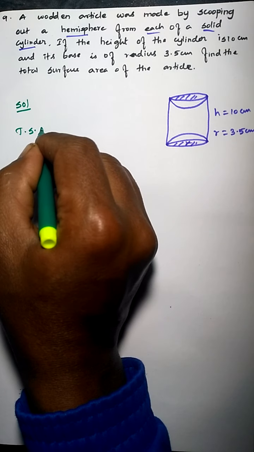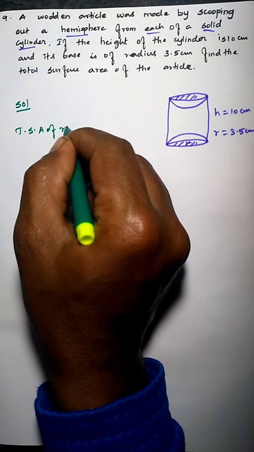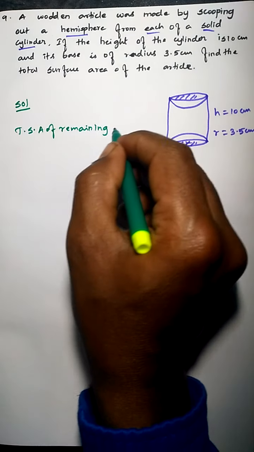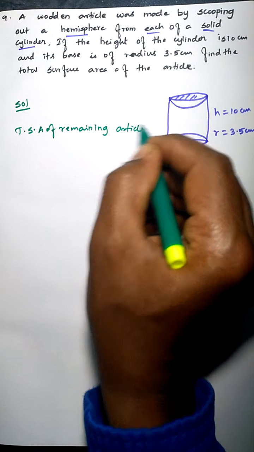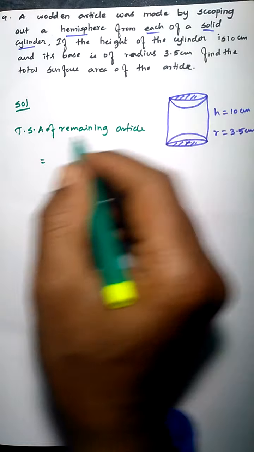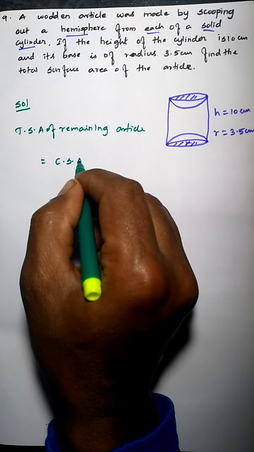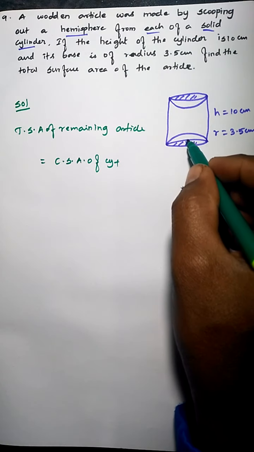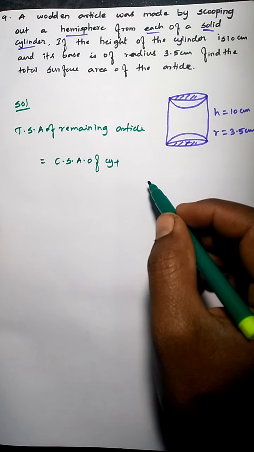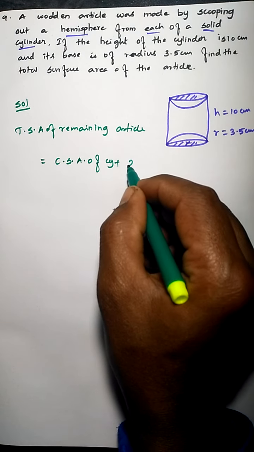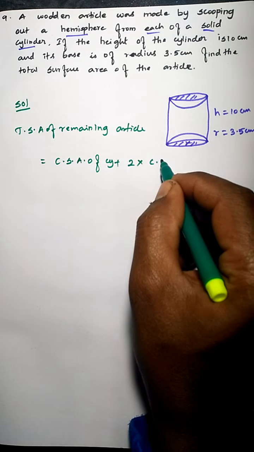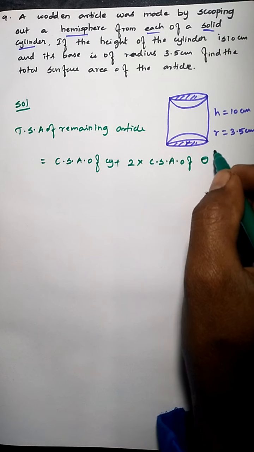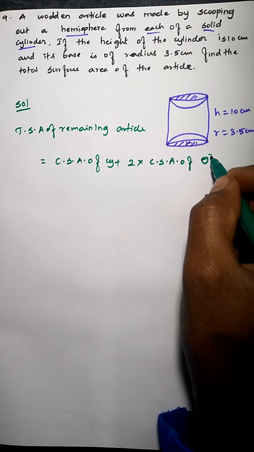Total surface area of the remaining article equals, first we take the curved surface area of the cylindrical part, plus one hemisphere at the bottom and one at the top. So 2 into curved surface area of hemisphere.